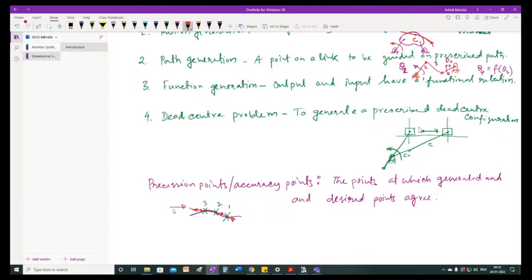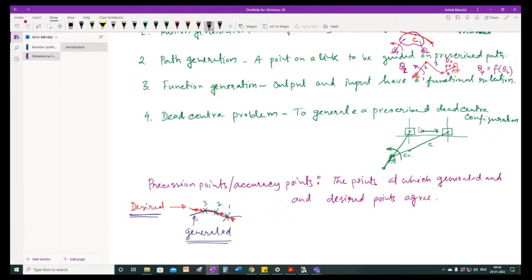This is the desired path and this is the generated path. Desired path means you have given, this is the requirement, and generated means after you have designed the mechanism, this is the path the C is following.